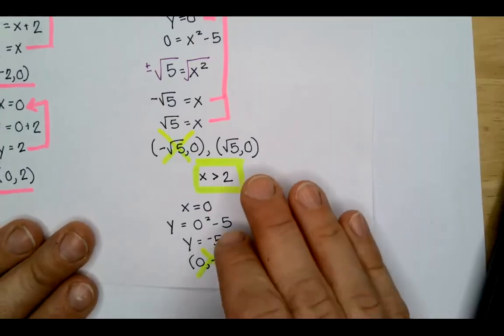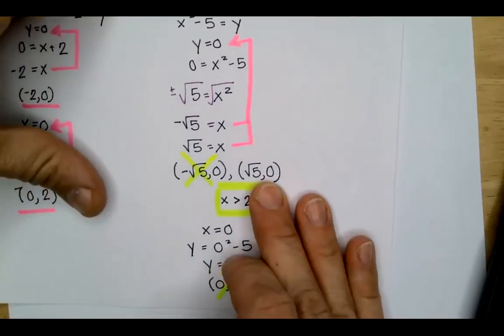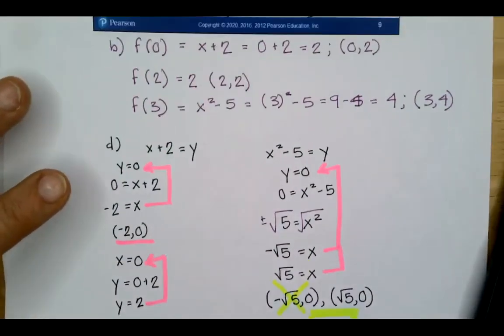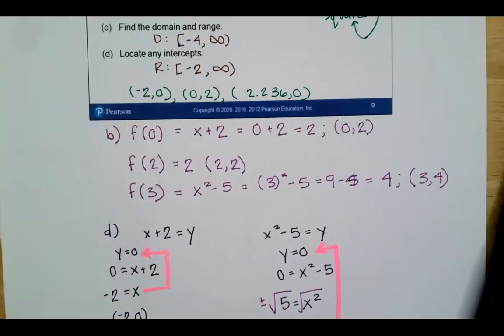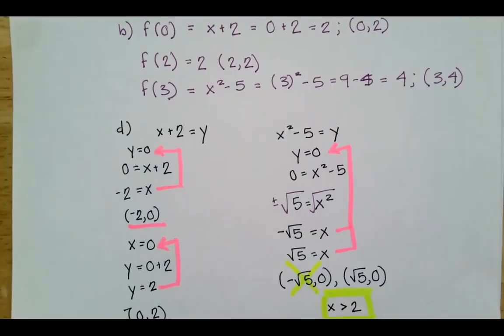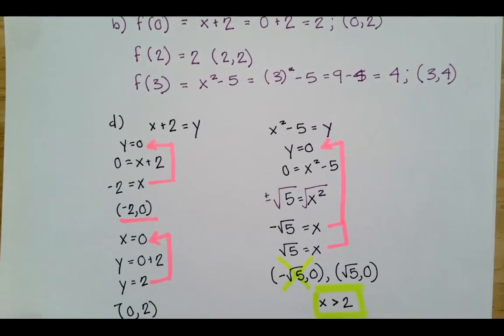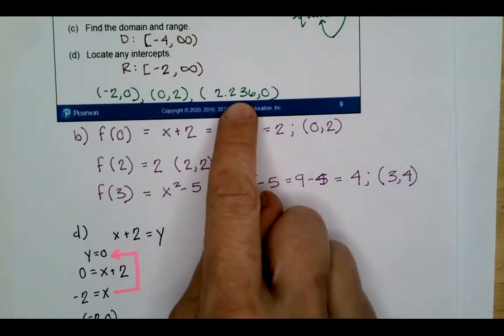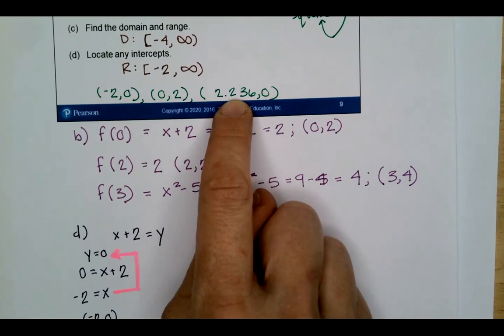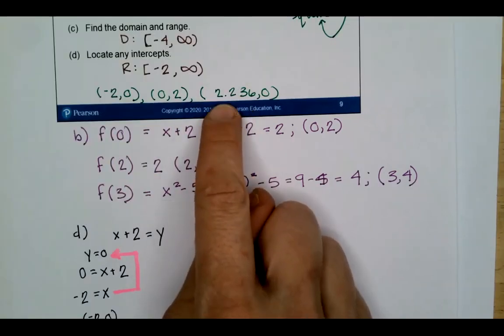Okay, so that's how we got the 3 points. Square root of 5, 0 is that one. 0, 2, and -2, 0. So that's how we found our intercepts, just using the finding the x-intercept and finding the y-intercept rule. Again, they might ask you for an expression that is a fraction or a radical in simplest form, and they won't let you put in this decimal.